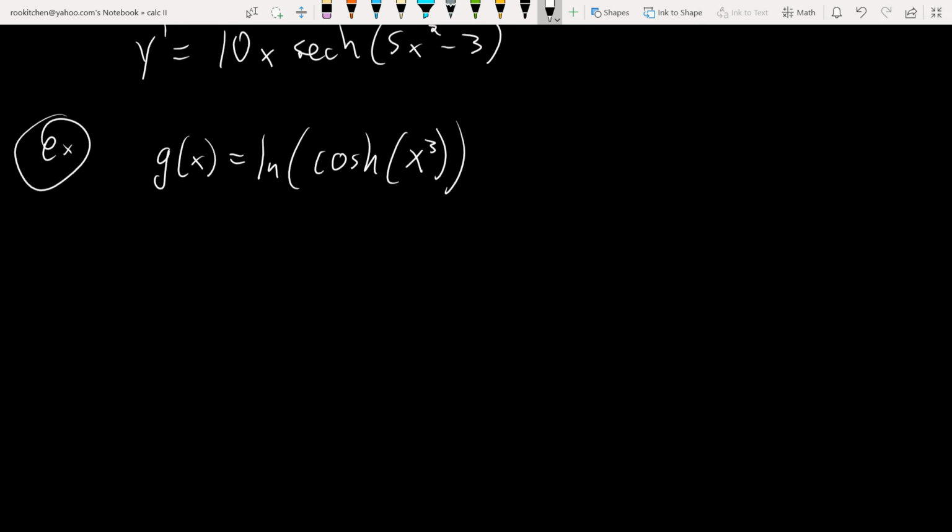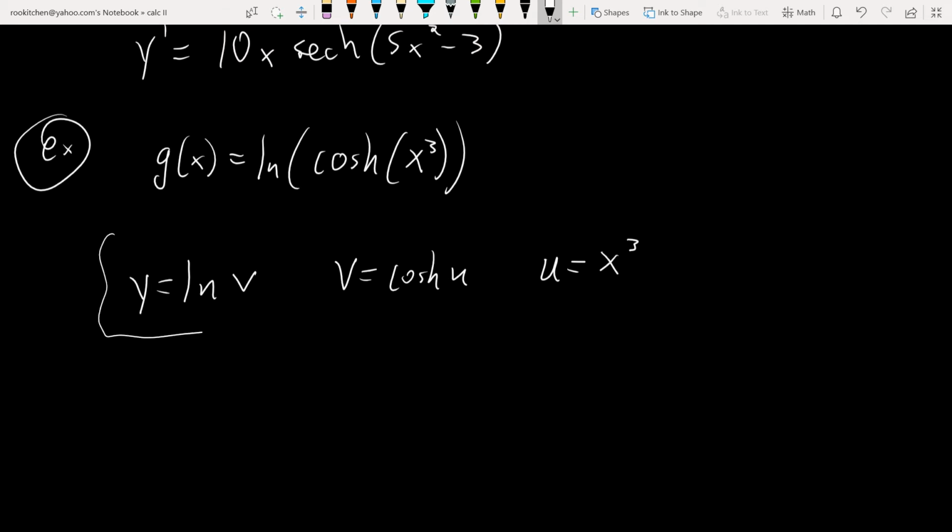What you usually do is go with the parts and then rewrite it. So the innermost part, I'll call u, is x cubed. And then the next level out, I'll call v, is cosh of u. And then the next level out, I'll just call it y for the sake of simplicity, will be the ln of v.